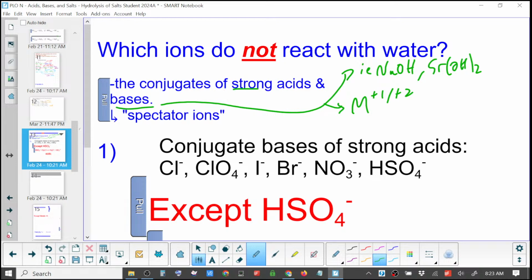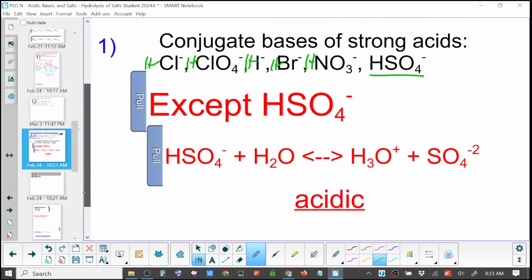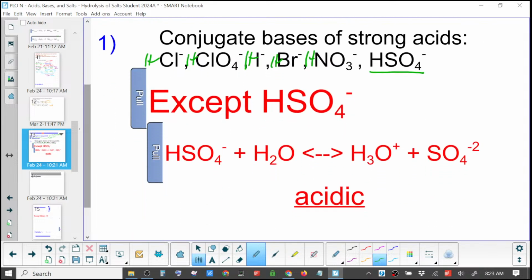Same for the conjugate bases of strong acids: HCl, HClO4, HI, HBr, HNO3. Those are all strong acids, so those conjugates are not going to accept a proton and make them again. They only go one way. This is an exception. It won't act as a base, but it will act as an acid. So you get that entire reaction.